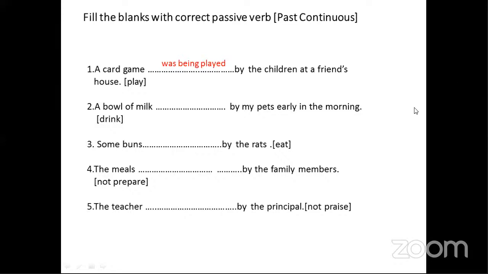We will move on to the answers. You can check your answers by yourselves, right?